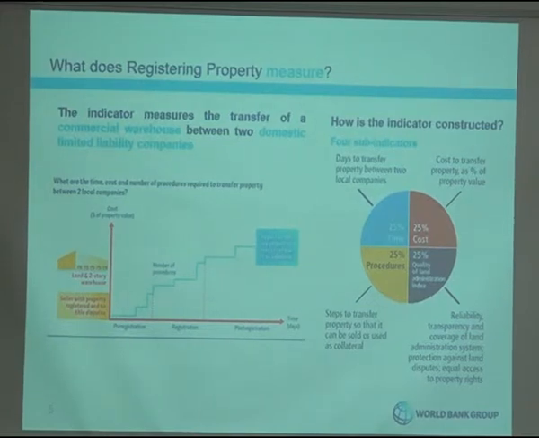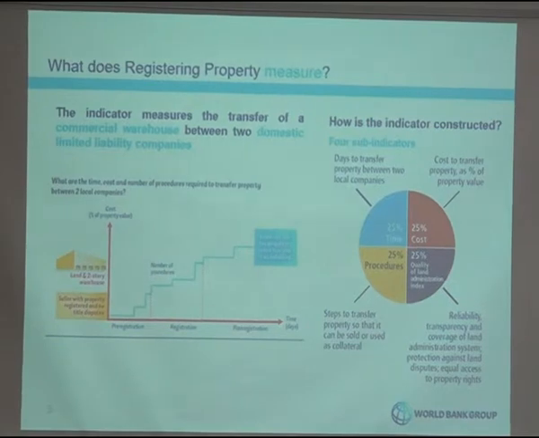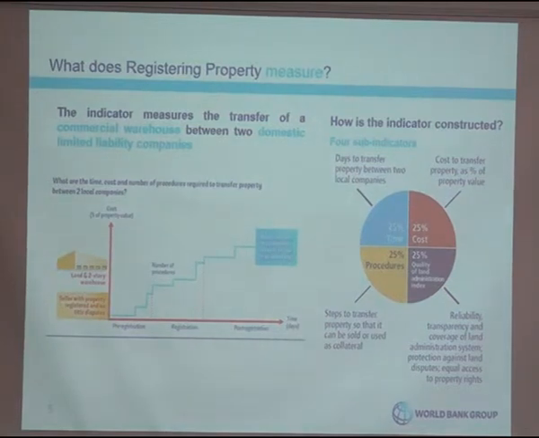Again, it's important to mention that we have online procedures that we count as half a day at the minimum, and we have the procedures that are carried out in person.